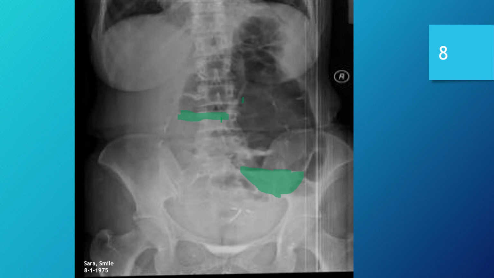And so let's just go through our checklist. And like I said, I realize that the image quality is not that great here, but we're going to give it our best shot to tell everything we can about it. So in terms of an upright abdomen, is all the required anatomy present?